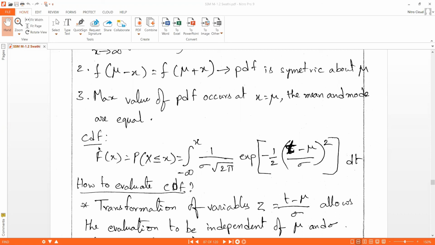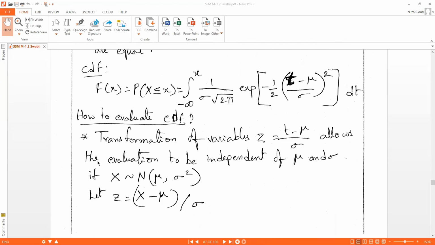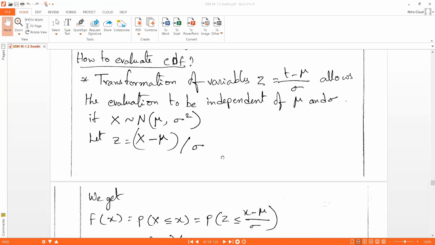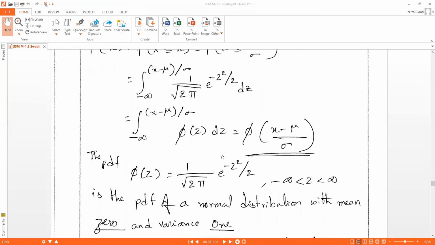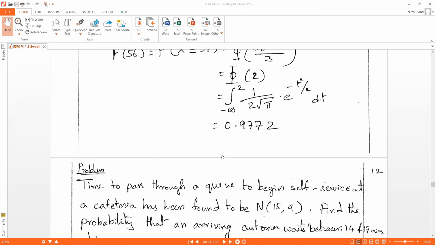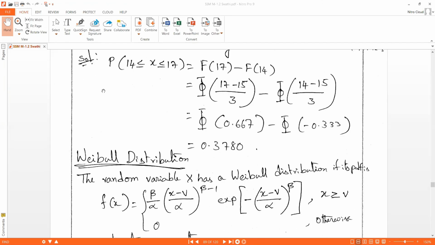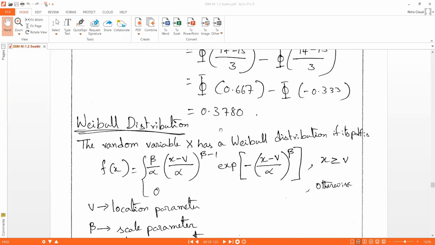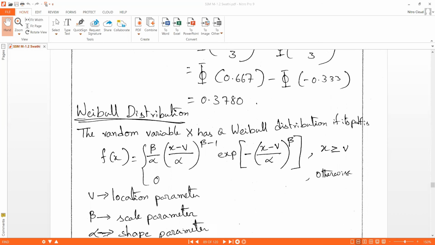That is the CDF for the normal distribution. And here it is given how the CDF is evaluated. And this is a formula related to the normal distribution.